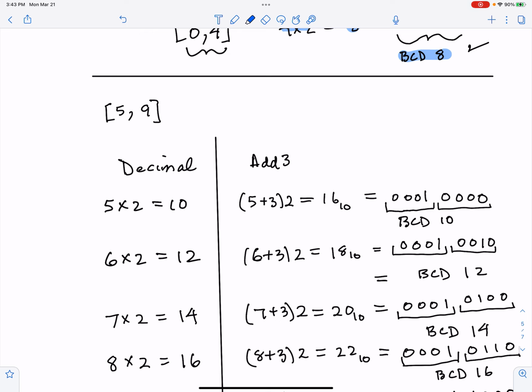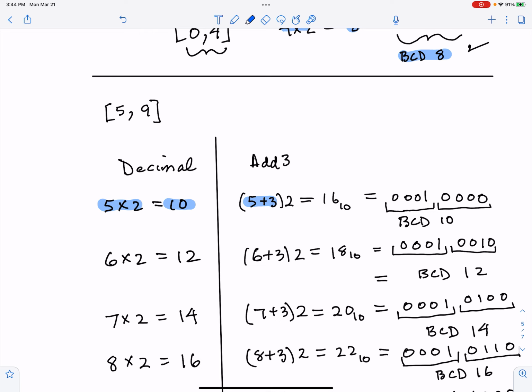So let's get started. 5 times 2 in decimal is 10. The trick here for Dabble is that you take a look at the number that you're trying to convert. If that number is 5 or greater, you add 3 to it before you double. So 5 plus 3 is equal to 8.